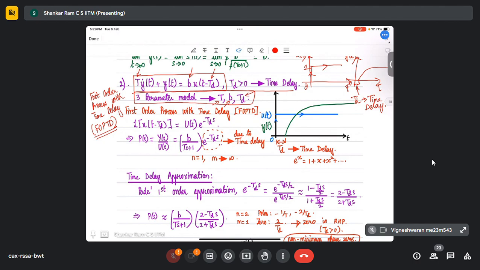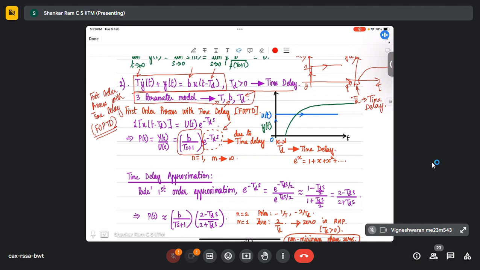If we take the Laplace transform, what happens is the following. In addition to the transfer function B by Ts plus 1, we get a term e power minus TDS, which comes in due to the time delay factor. This is an exponential term in the S domain, not the T domain now.